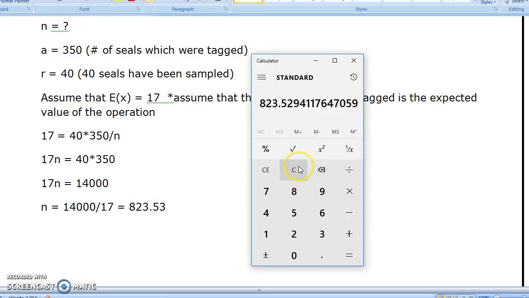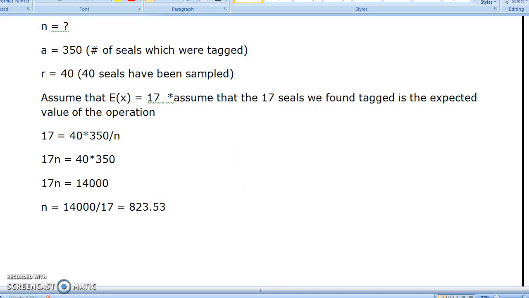So our estimate of the size of the population, let me just make sure I did that right here. 40 times 350 is 14,000, divided by 17. Yeah, all right. So approximately 824 seals in the population.